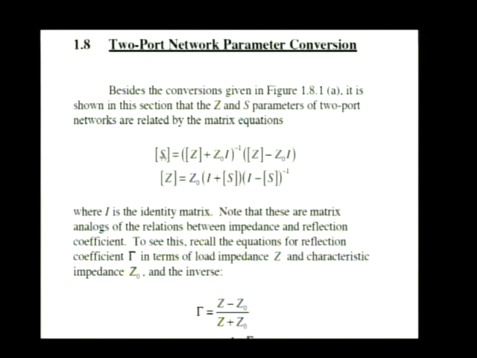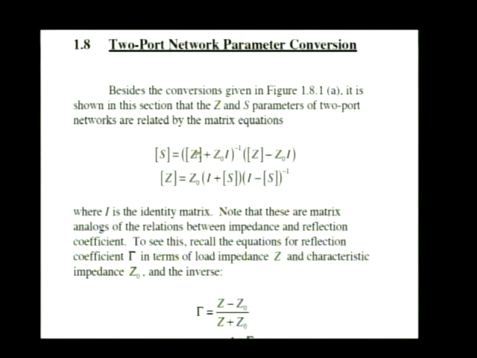The scattering matrix can be written in the following form in terms of the characteristic impedance Z0, that's just a 50 scalar number, Z0, and the impedance matrix Z11, Z12, Z21, Z22, and the identity matrix, and this other combination of the Z matrix and the identity matrix.